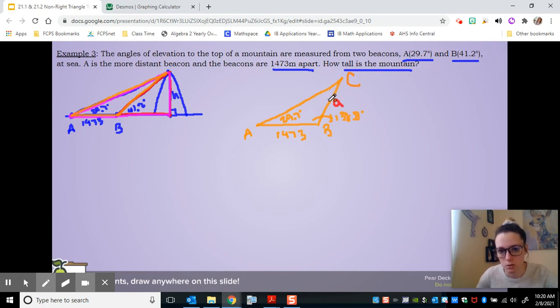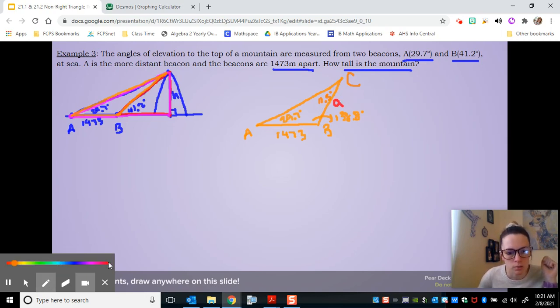So I can again just do 180 minus the 138.8 minus the 29.7 and get angle C as 11.5 degrees. So now I have angle C and side C, check, because remember you need one piece of that puzzle for the sine rule. And I'm looking for side A and I have angle A.